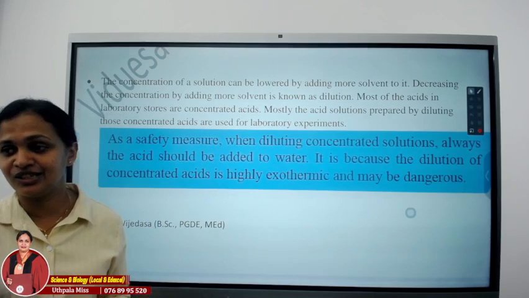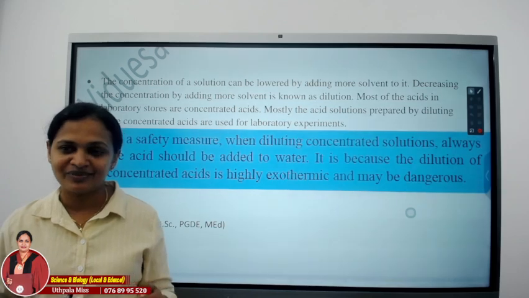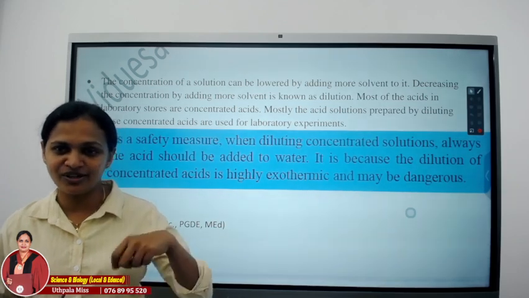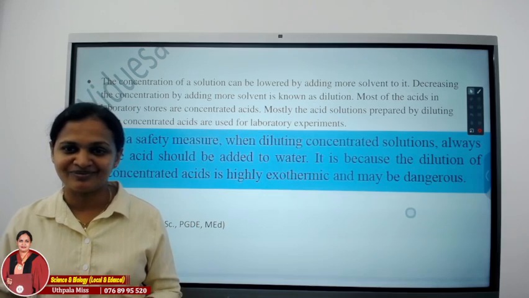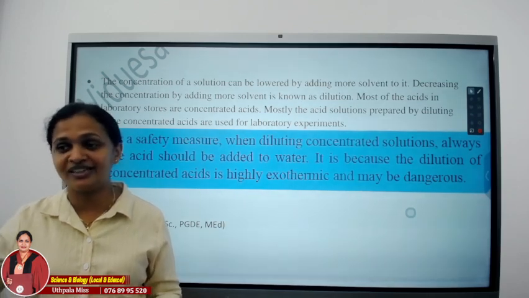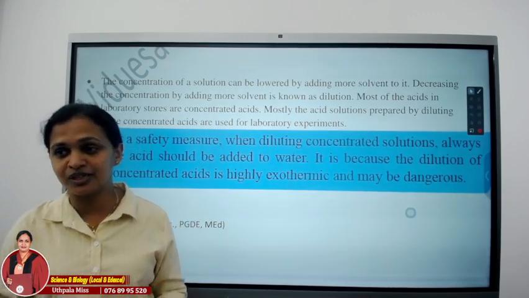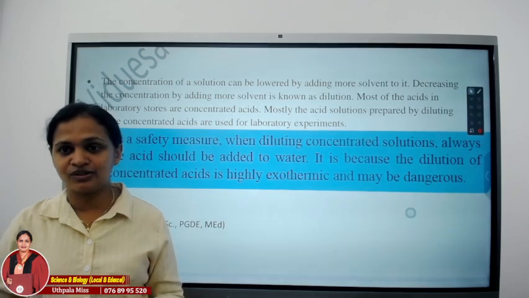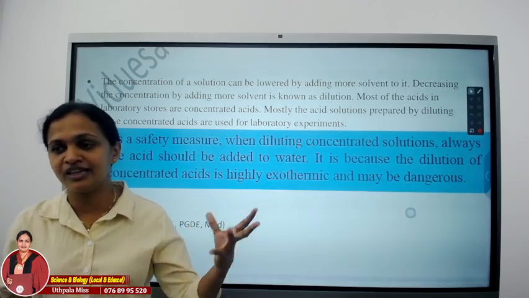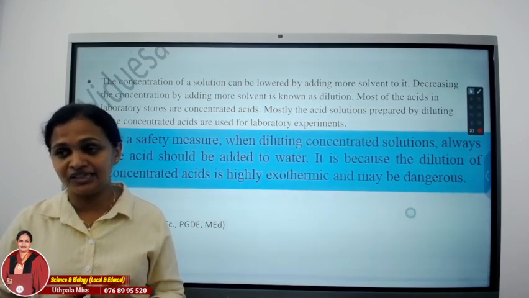Last week we said how to dilute an acid. Add water into acid or acid into water? Acid into water. You have to add the acid gradually into water because it is an exothermic reaction. If you add water at once, it will explode because of the large amount of heat energy generated.